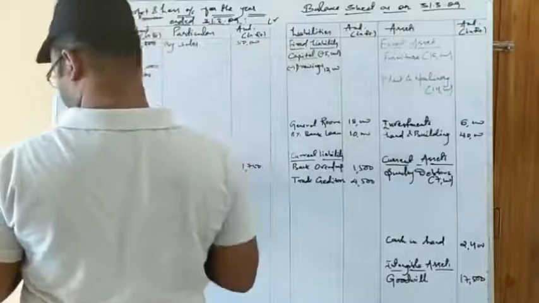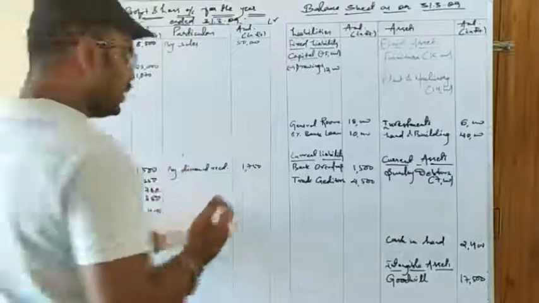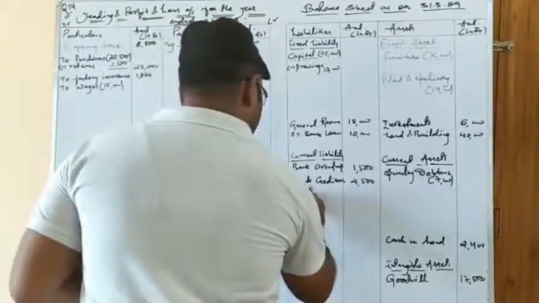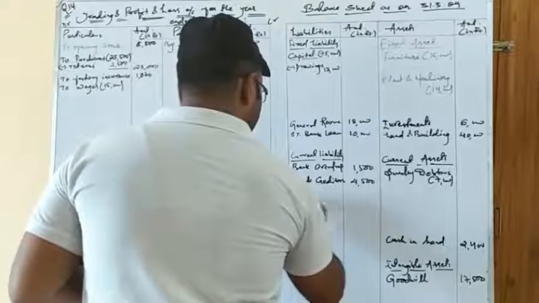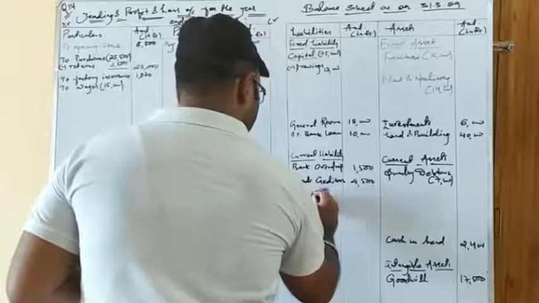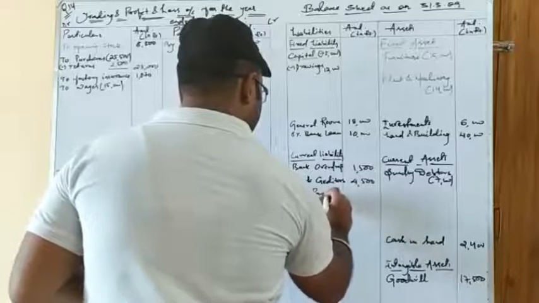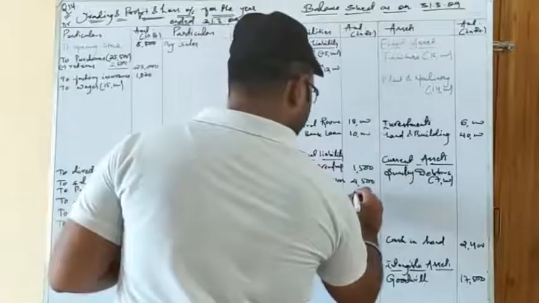Next, bills payable. Bills payable is again a current liability, we will write it over here. Bills payable value given is 6,000.